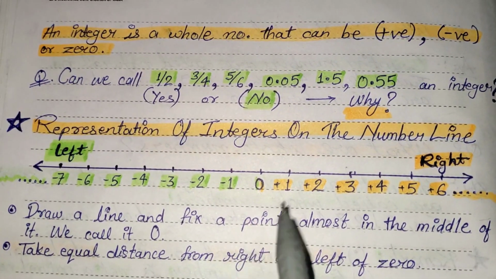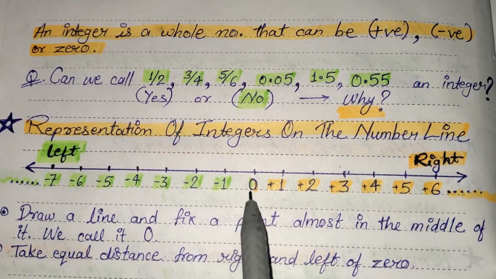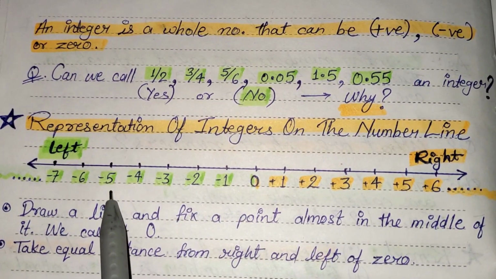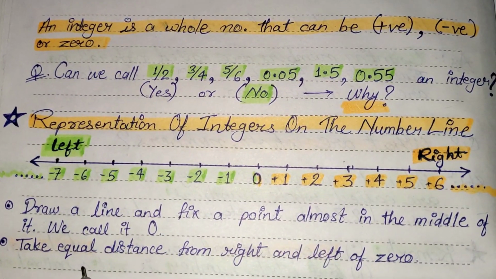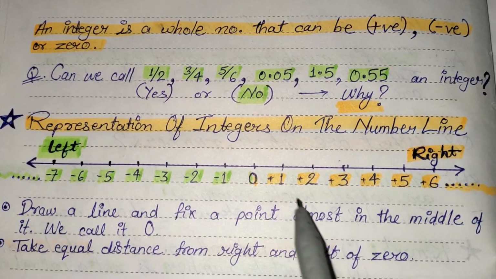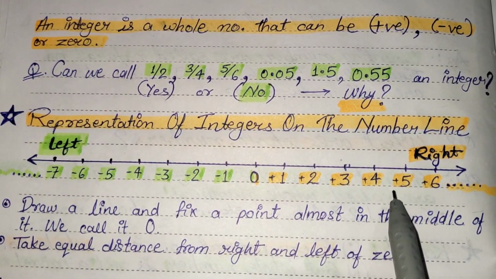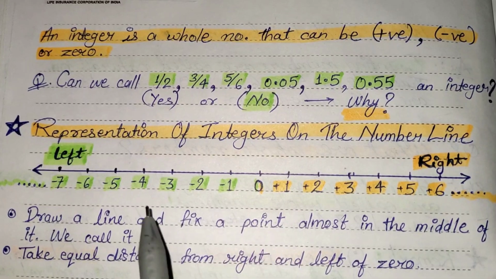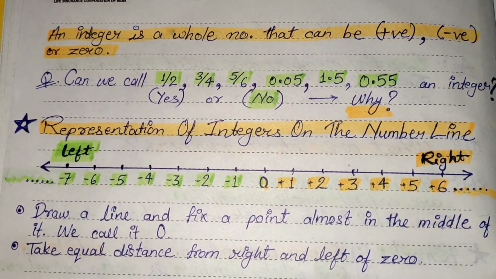Now, as we know, right of 0 are all positive numbers and left of 0 are all negative numbers. But how can we represent it? Take equal distances from right and left of 0, mark equal distance points, and write down the numbers. This is the way to represent integers on the number line.